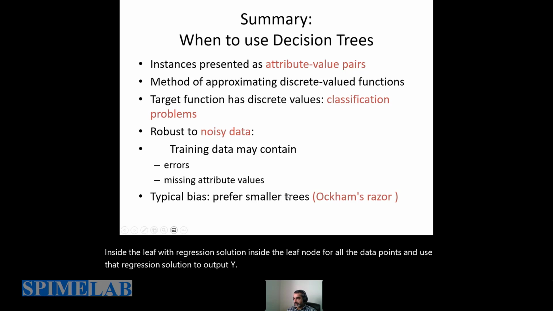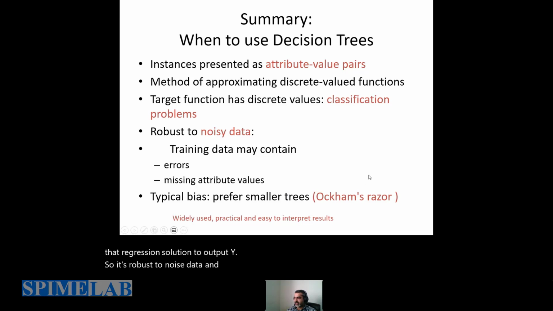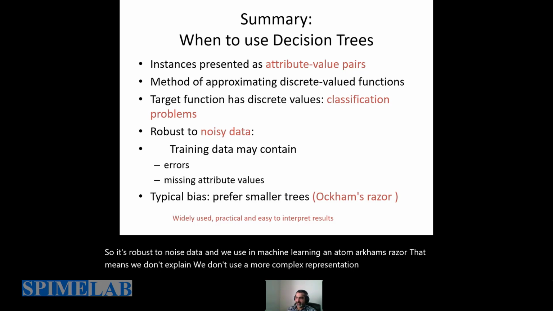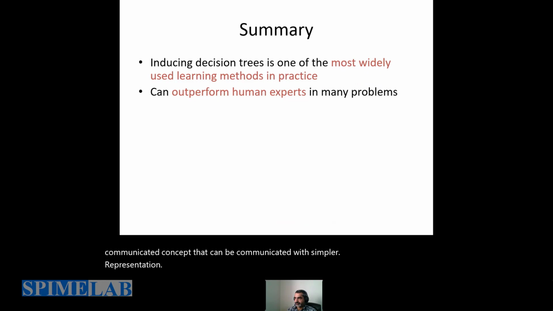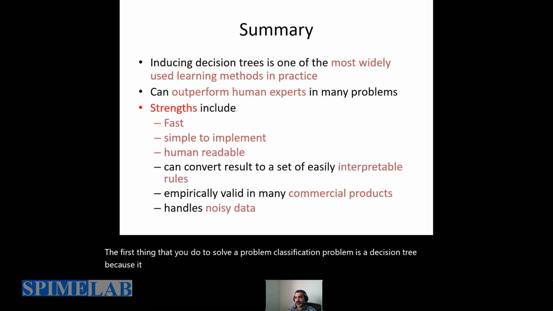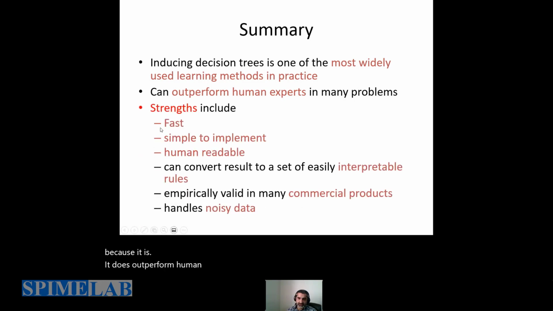So it's robust to noisy data, and in machine learning we use a term, Occam's razor. That means we don't use a more complex representation to explain or communicate a concept that can be communicated with a simpler representation. The first thing that you do to solve a classification problem is a decision tree, because it does outperform human experts, and it is fast to build.